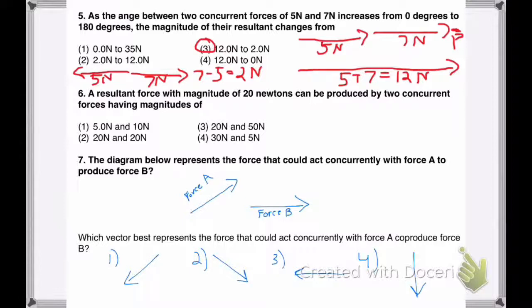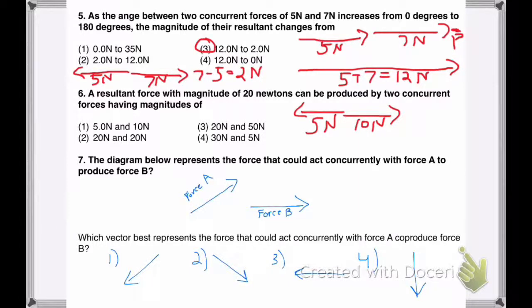Well, if we look at the first one, 10 and 5, if we were to put 10 newtons going to the right and 5 newtons going to the left, that would produce a 5 newton resultant. So that wouldn't be our answer. If we tried to put them in a different orientation, we wouldn't be able to manufacture a 20 newton resultant.